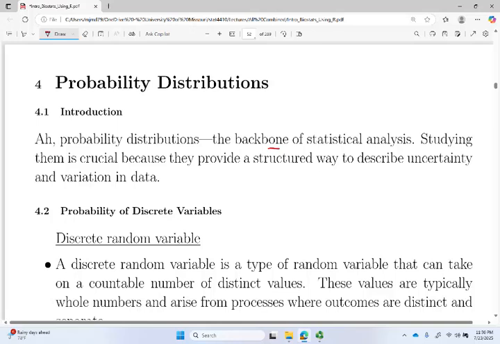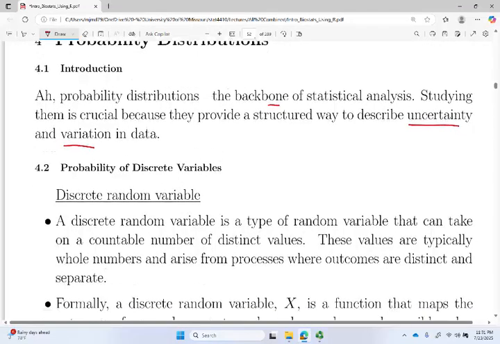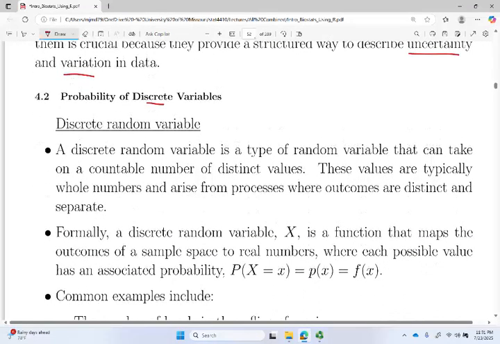Understanding how probability distributions work and how to calculate probabilities is absolutely crucial in describing uncertainty and variation in your data and making valid inferences in most cases. We're going to start by looking at discrete random variables. A discrete random variable, as opposed to a continuous random variable, can only take on a countable number of distinct values.